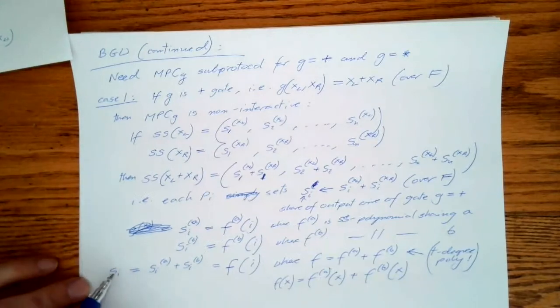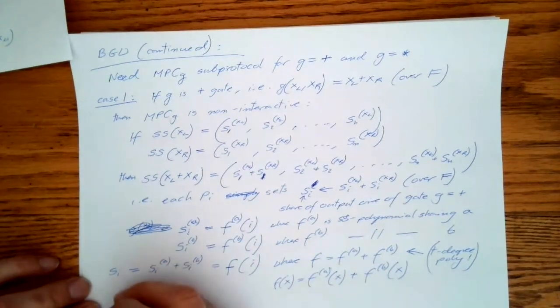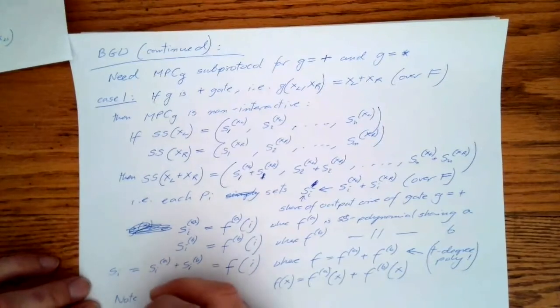So if you add the shares, you are basically sharing using this new polynomial f, which is the sum of these two. And note, what's f of 0?